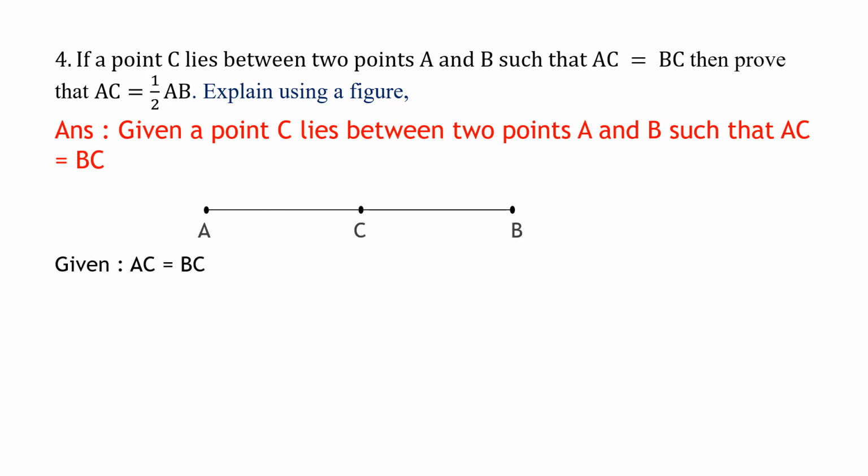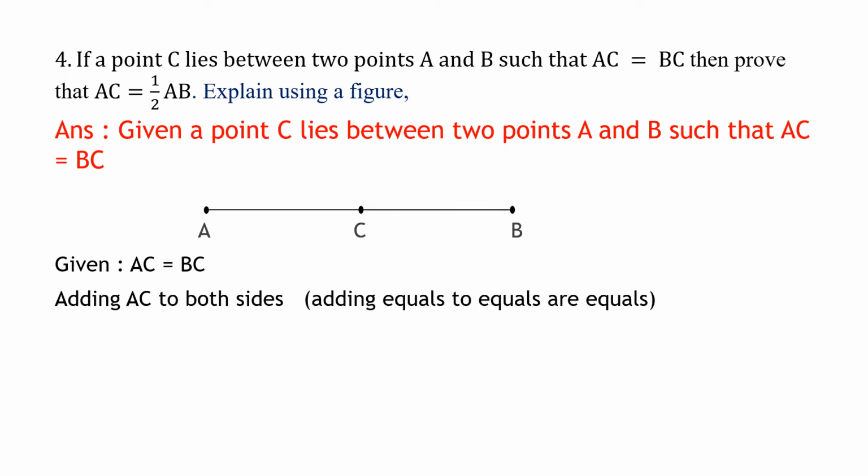So we are given AC equal to BC, means we are already given the condition that they are equal. Now what we do, we add AC to both sides. So I hope you remember adding equals to equals are equals. Euclid's axiom. So by adding AC on both sides, we are getting AC plus AC equal to BC plus AC. Now what is AC plus AC?